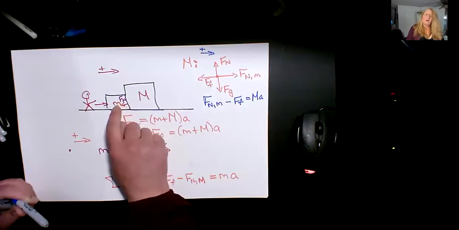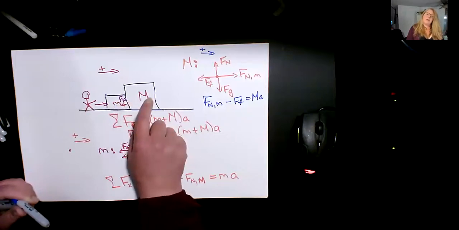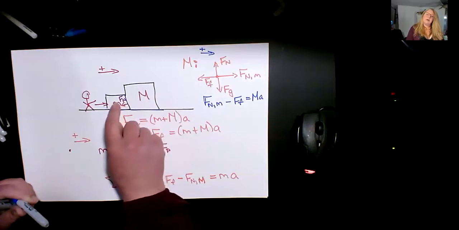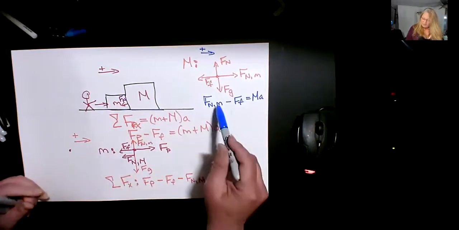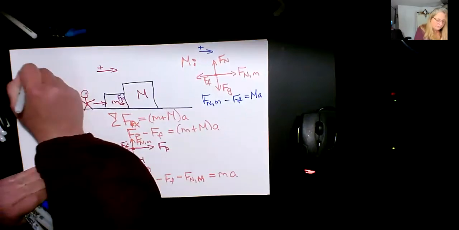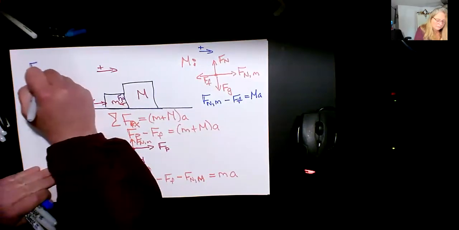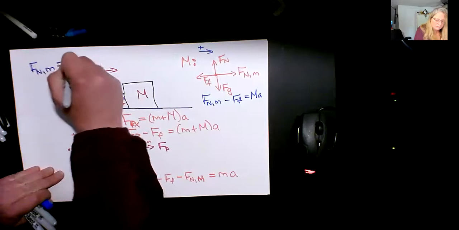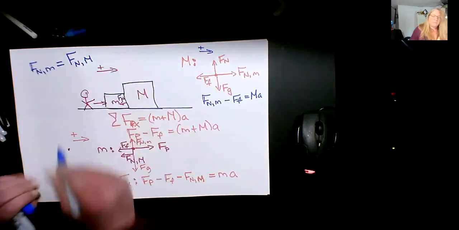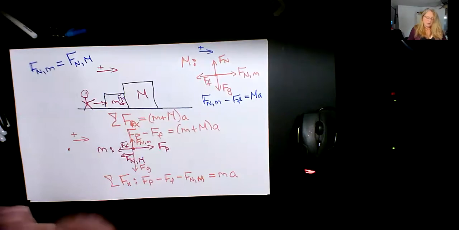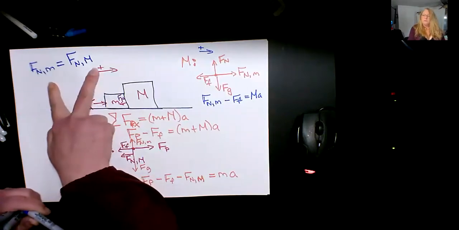However hard the little mass pushes on the big mass, the big mass pushes back on the little mass by the same amount. So that means that my force normal for the little mass equals the force normal for the big mass. So this is the contact force between the two.